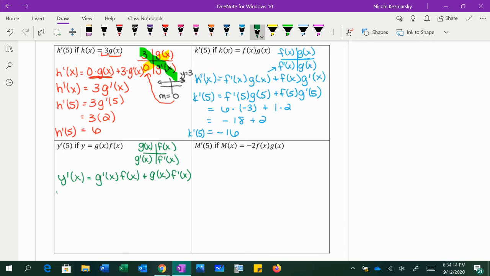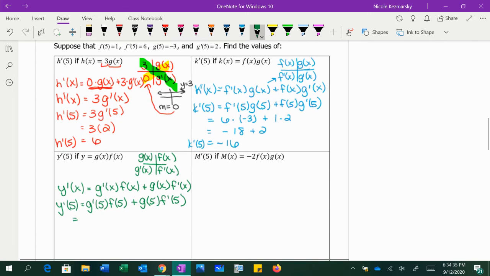Let's keep going. So then I'm going to say y prime of 5 is g prime of 5, f of 5, plus g of 5, f prime of 5. And we'll go up to our given information. G prime of 5 is 2.